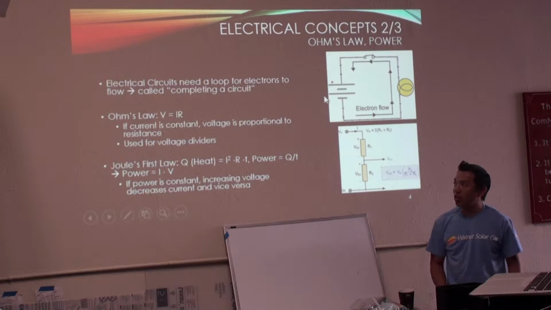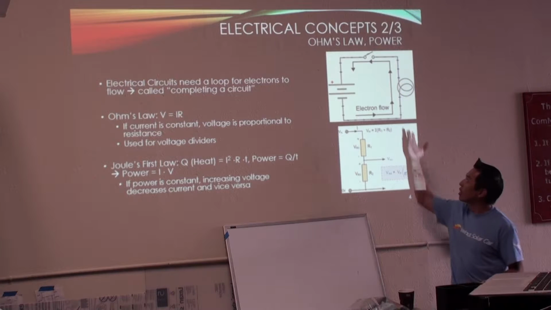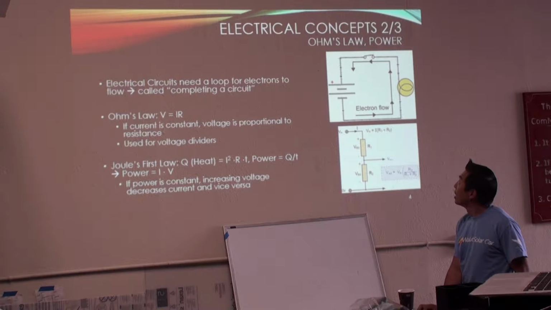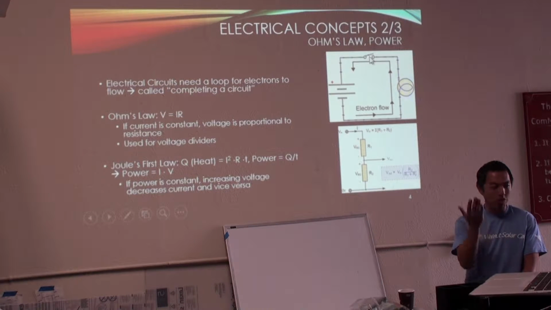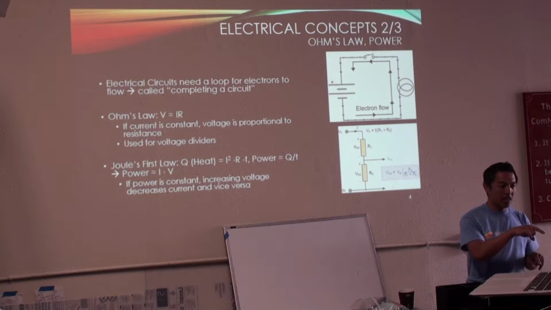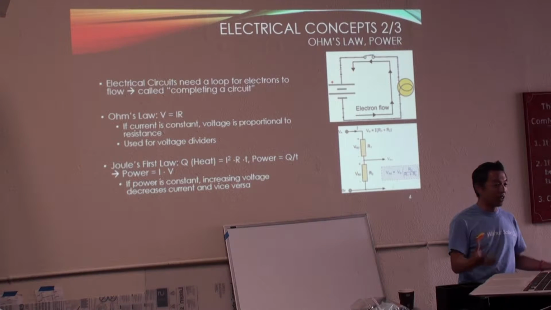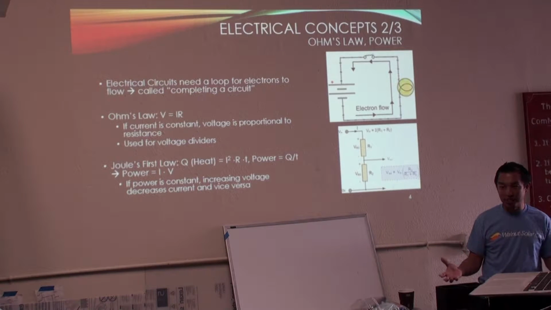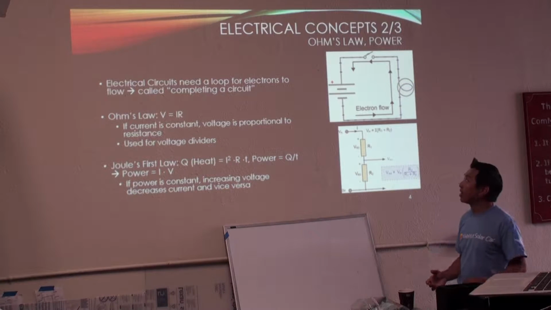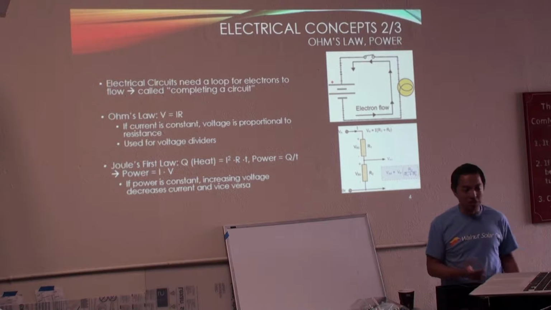When we say you have to complete a circuit, that's what this diagram is saying. If you cut this, the switch is basically removing a portion of the circuit, so there is no way the positive and negative are connected. Therefore it's an open circuit, and you need a complete circuit for electricity to flow.